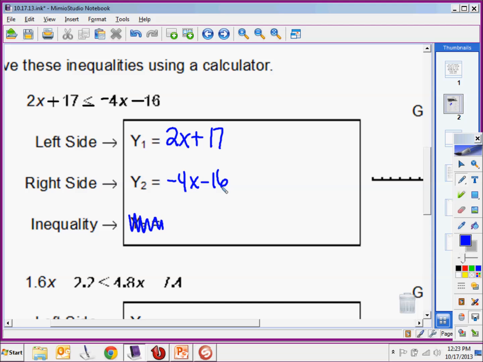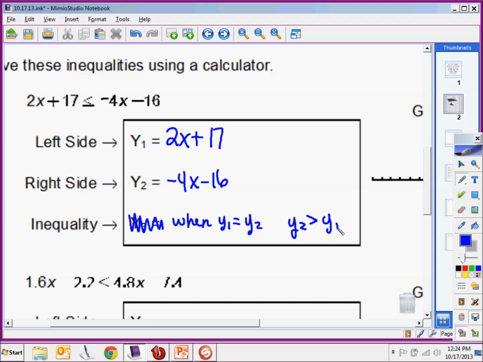So I need to know when they intersect, when y1 equals y2, and I also need to know when y1 is less than or equal to y2. y2 is this one, so y2 needs to be greater. So I'm also looking for when y2 is greater than y1.